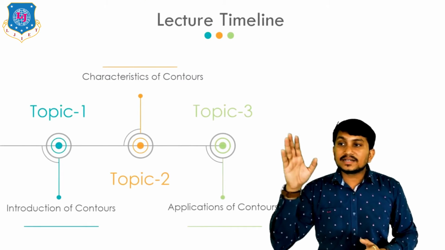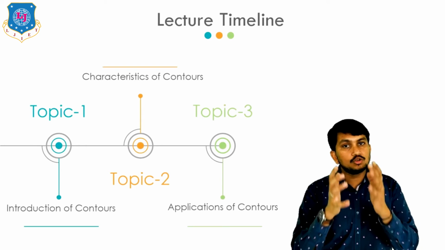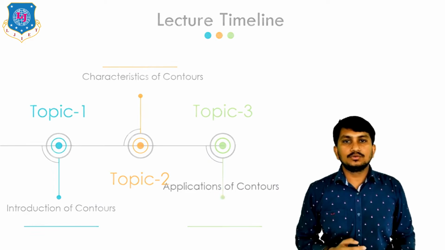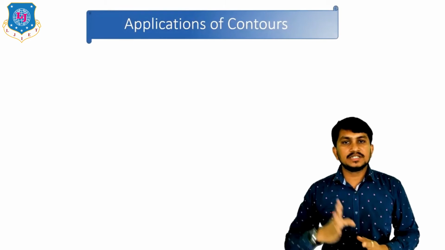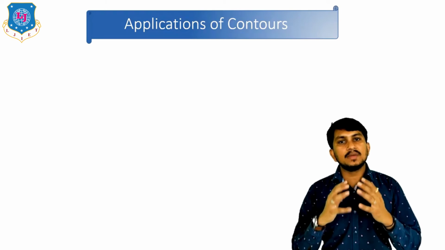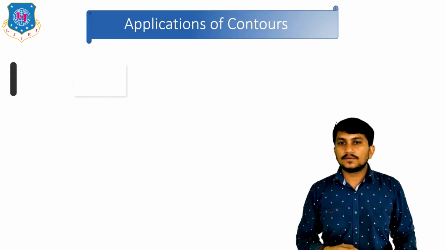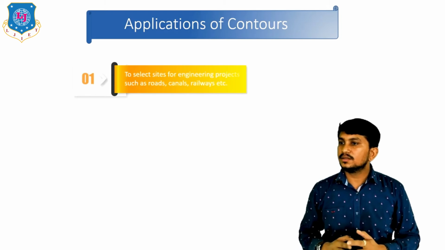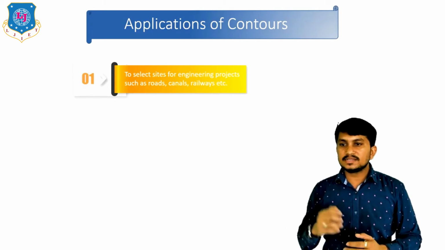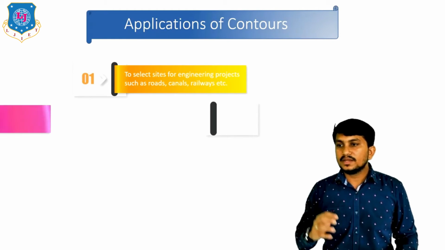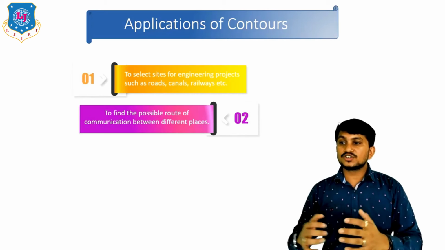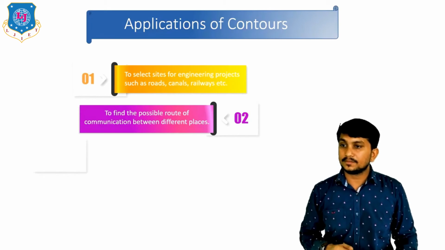That's all about the characteristics of contours, or the points to be remembered while contouring. Now let's move to the last topic of this chapter, which is applications of contours, or where these contour maps can be used. First application is to select the sites for engineering projects such as roads, canals, railways, etc. Second is to find the possible route for communication between two different places.